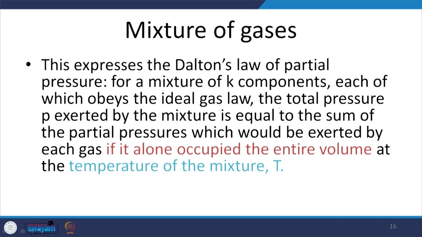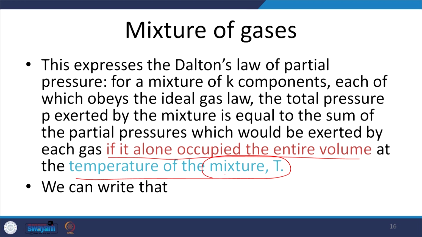This point is emphasized enough already, but this temperature is the mixture temperature. It is at the same temperature and occupying the same volume, but in reality it is not the only gas occupying that volume, it is a mixture of gases. In that case the pressure will be the sum of partial pressures. So, that is the idea.